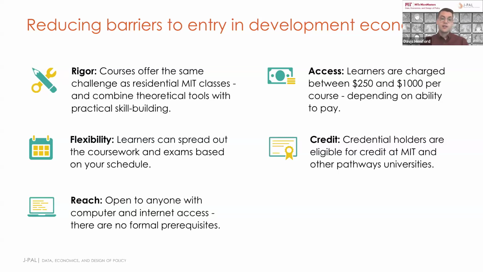Also, the course content is free for all auditors. Hopefully this makes our content much more accessible as well. And finally, the MicroMasters credential is eligible for credit at 19 pathway universities around the world. So hopefully this broadens the credit opportunities.